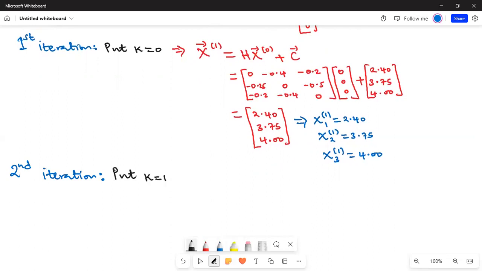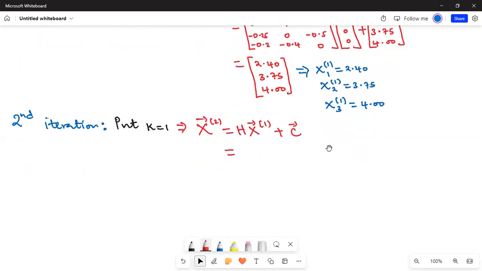So we are going to get x vector at level 2 equals h times x vector at level 1 plus c. If I substitute h and c and even the x vector at level 1, we are going to get this. Let me replace h.